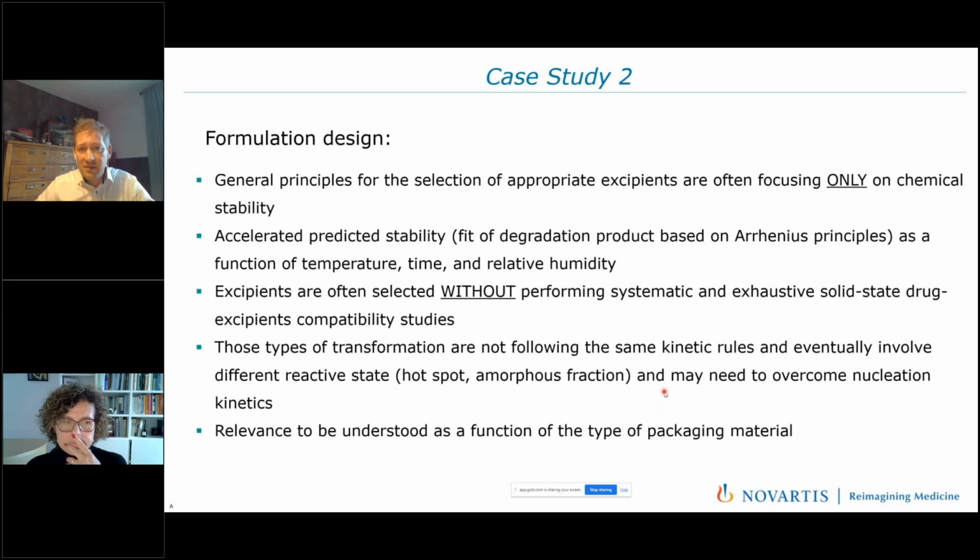It's not about mixing A and B. And it's not only about activation energy and the rate constant of reaction, but we need to understand the impact of reactive spots that can be related to high surface energy, depending on the way the drug substance has been manufactured. But as we have seen before, also the extent of the amorphous fraction in the drug product that may lead to such a physical interaction.